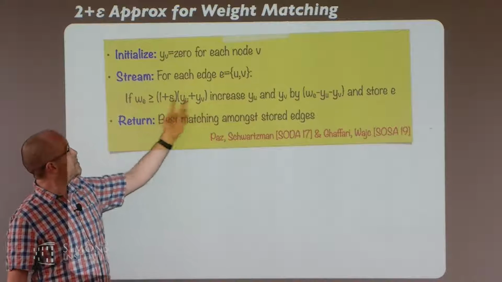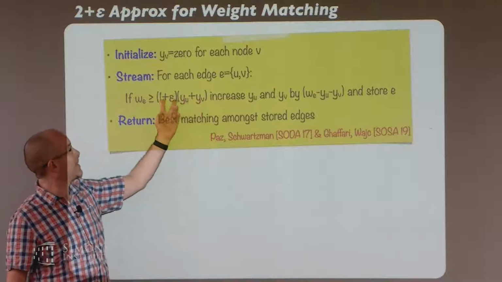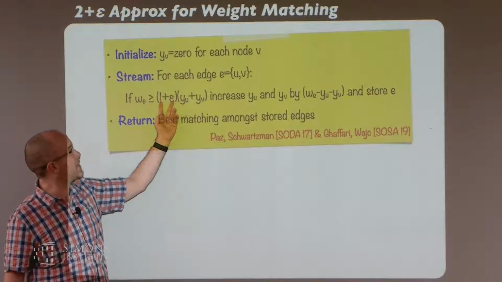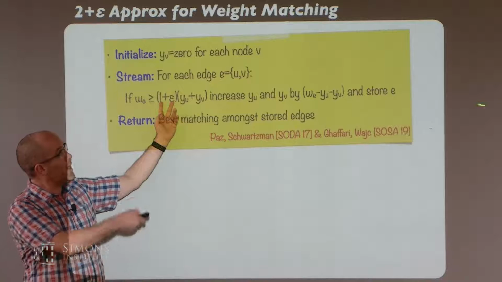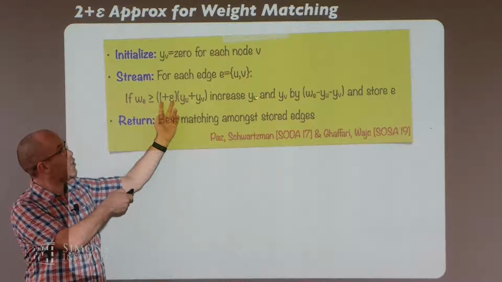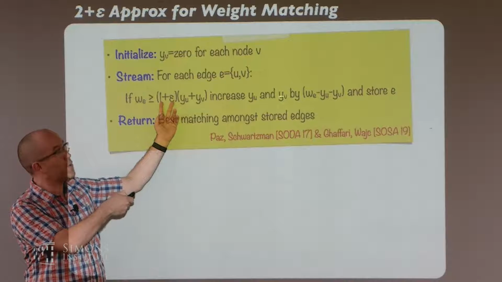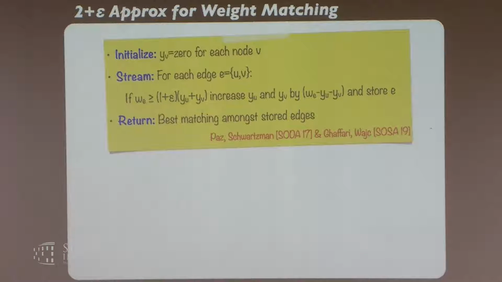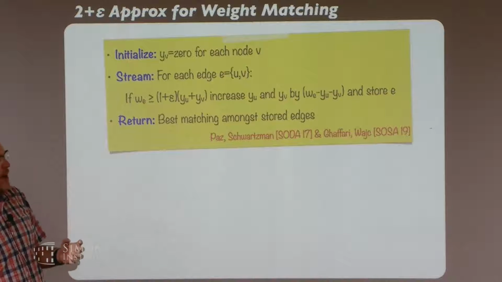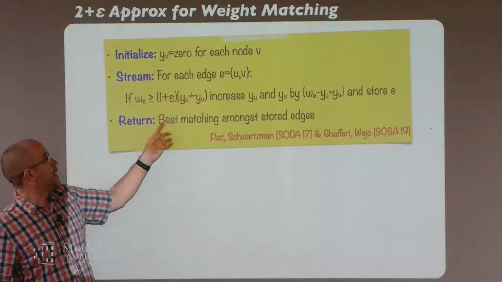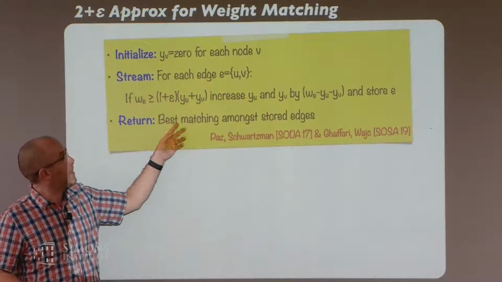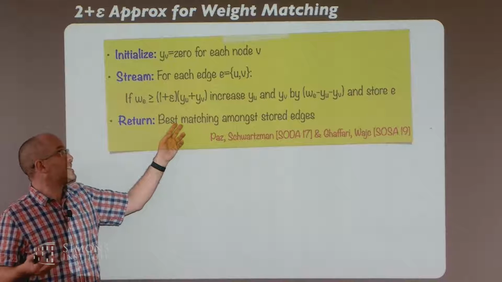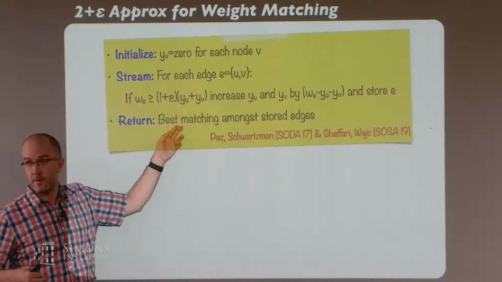And if it's bigger than the sum of the values by a factor close to 1 plus epsilon, then we're going to store e, and we're going to increment the values at u and v. Okay. So you end up having this rule for storing a bunch of edges. So some set of edges are stored. Don't know how many yet. And then in post-processing, it suffices just to compute the best matching amongst the stored edges.